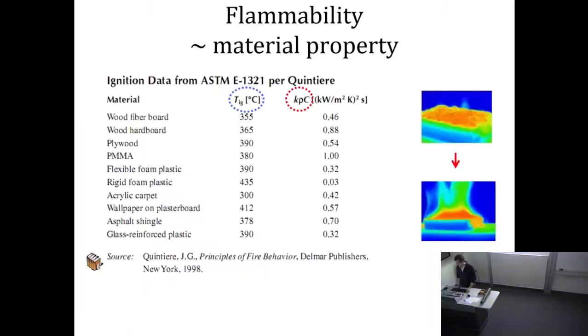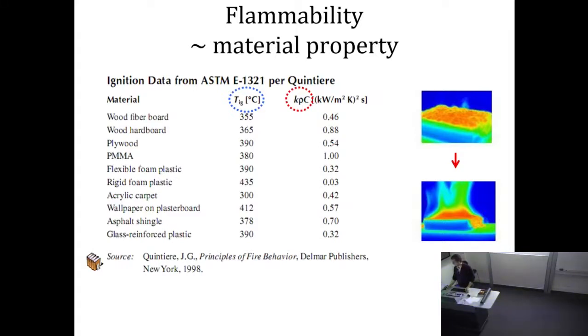This depends on these two quantities, which are tabulated in different books. For example, this is from Quintiere's book, where you have the polymers that I showed you before, and this column, the ignition temperature, and this is the tabulated k rho c of the material. You can also go to Incropera, find some of these materials, and multiply by hand the k rho c: k, conductivity, rho, density, and c, the specific heat.